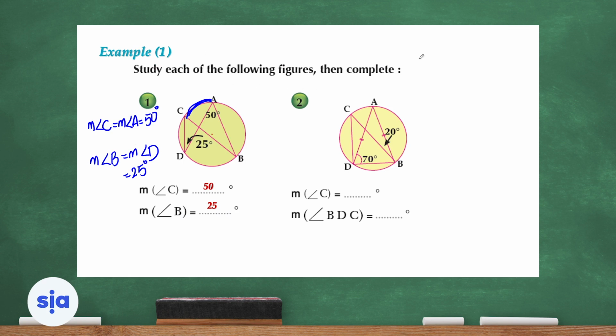Therefore, the measure of angle ADB equals the measure of angle ABD. Each of them is equal to 70 degrees.